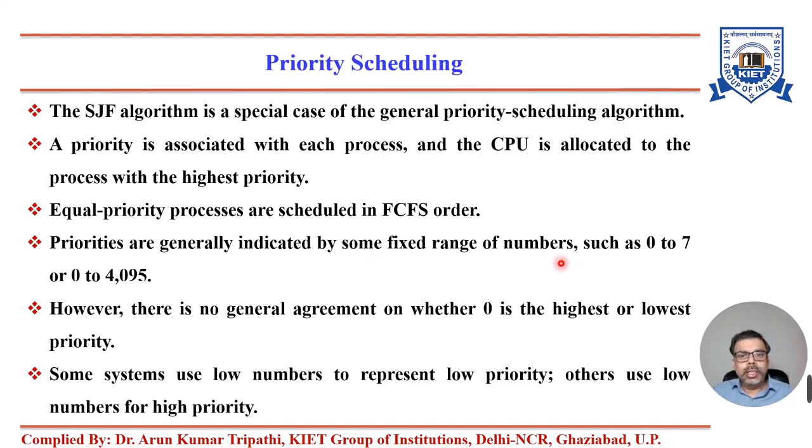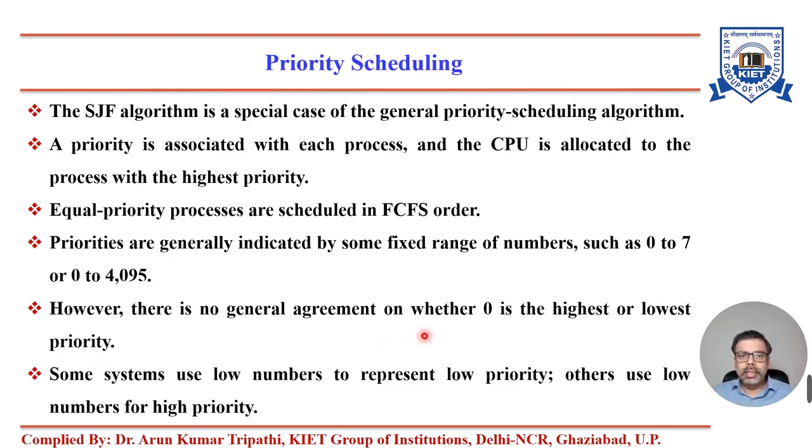In general, priority ranges from 0 to 7, 0 to 19, 0 to 4095, and so on. As I gave in the example, in Unix it varies from 0 to 19.